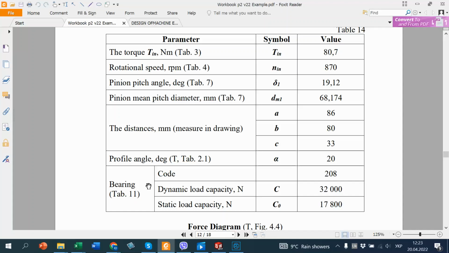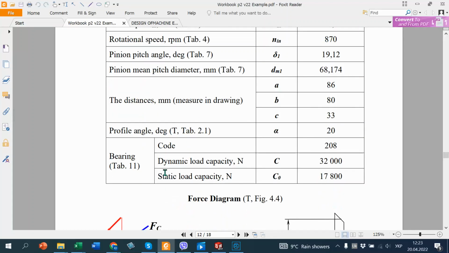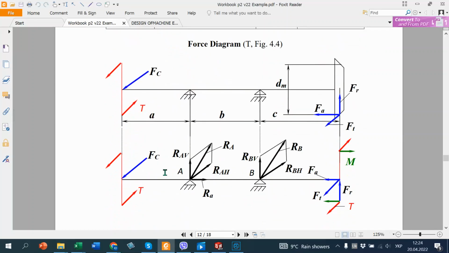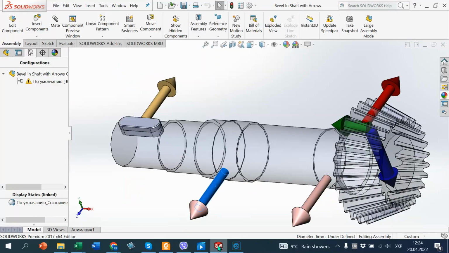That's why we consider one code and dynamic and static load capacity for this bearing. Then the force diagram. The force diagram is the same for all tasks, the only difference is distances. Let's consider.